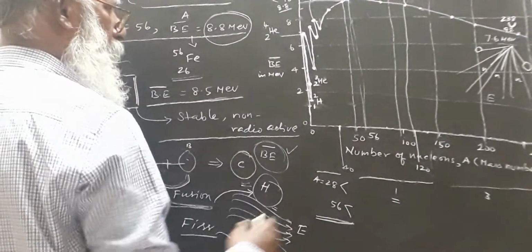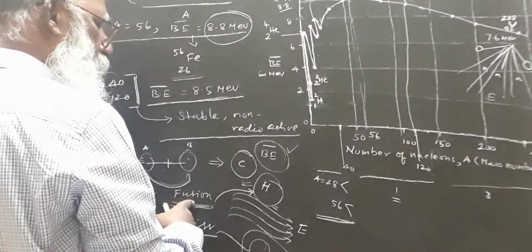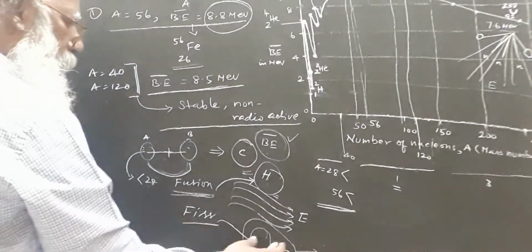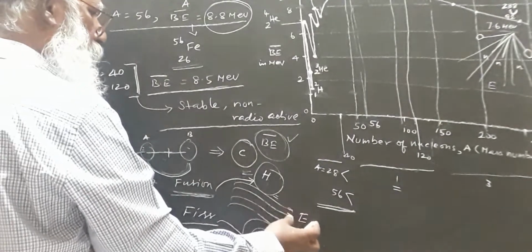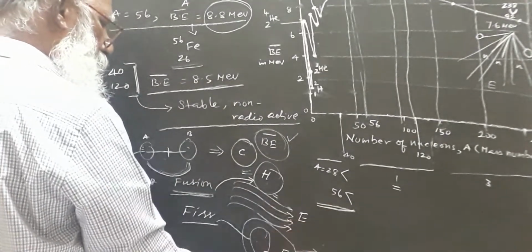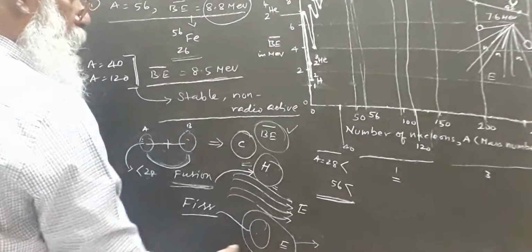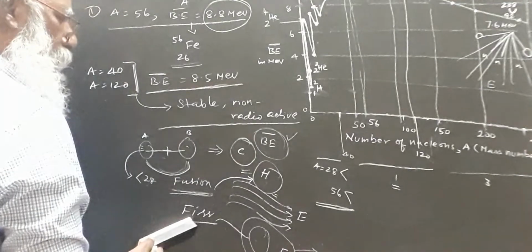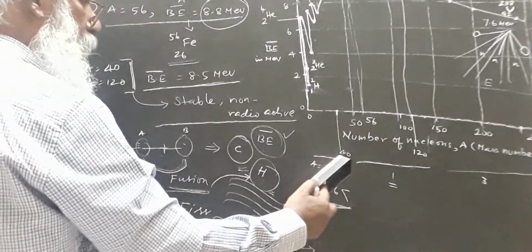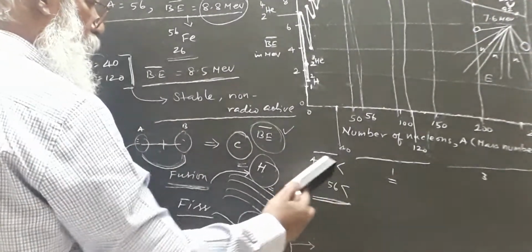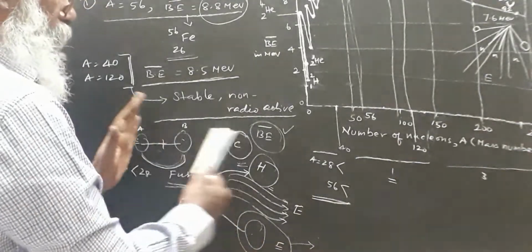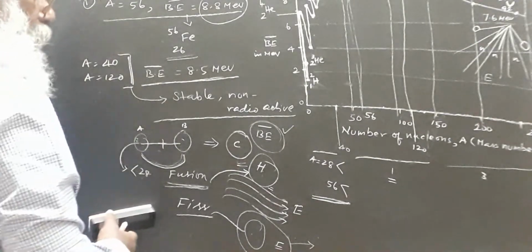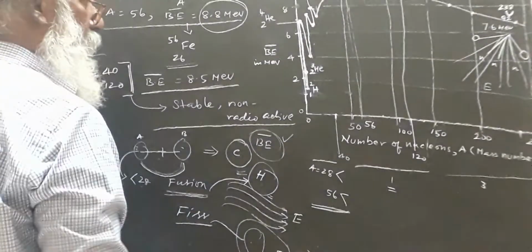That's a very important concept. Fusion is more dangerous than the fission process. The energy released in fusion is much greater than the energy released in fission. For the heaviest nucleus, fission may take place. For the lowest A, less than 56 or less than 28, fusion may take place. That's a very important explanation by means of this curve.